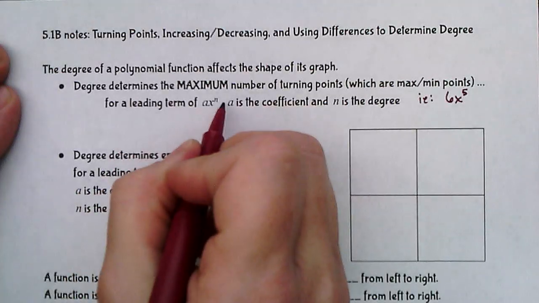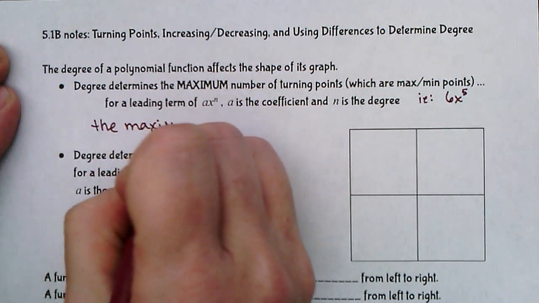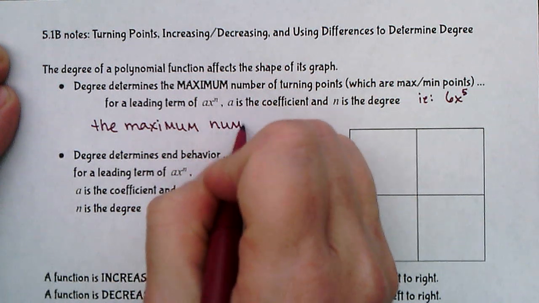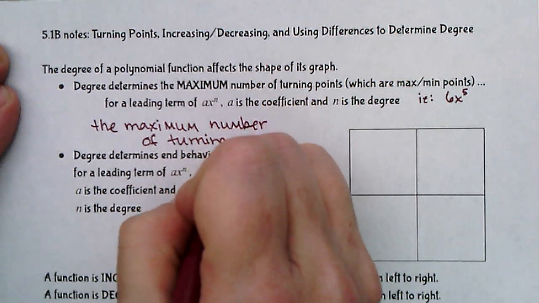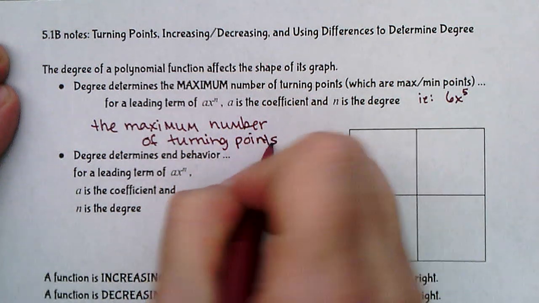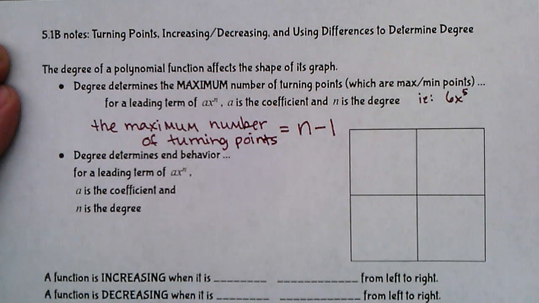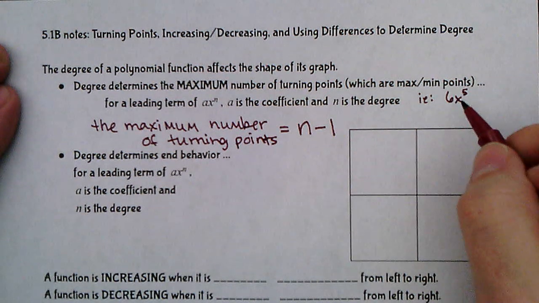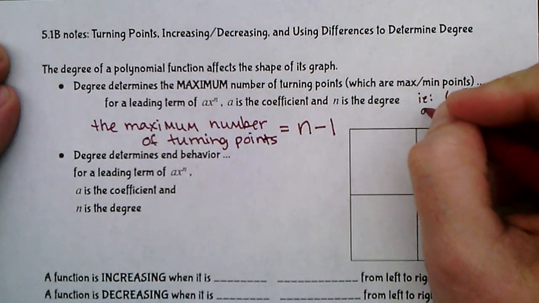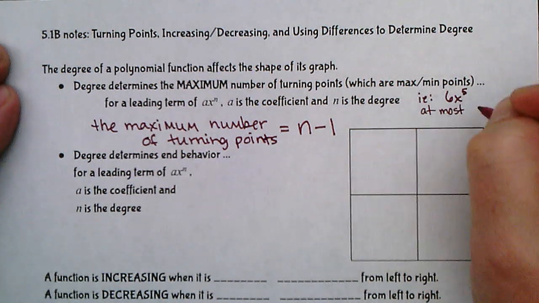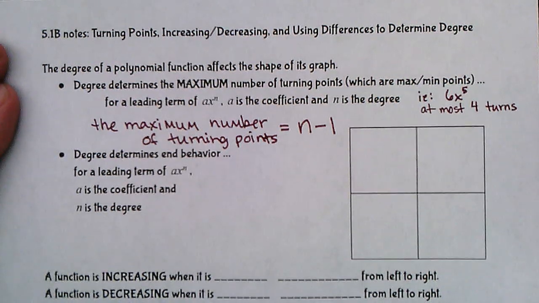Then what that tells us is the maximum number of turning points is going to be equal to n minus 1. So in my example of 6x to the fifth, if that was my leading term, then this would have at most 4 turning points or turns.